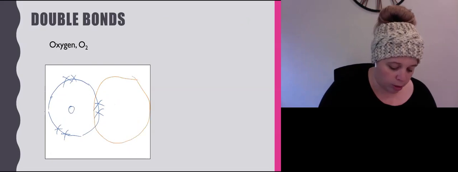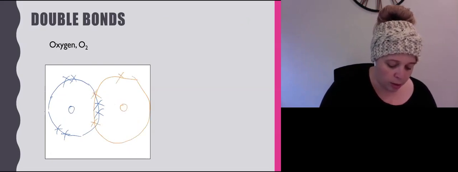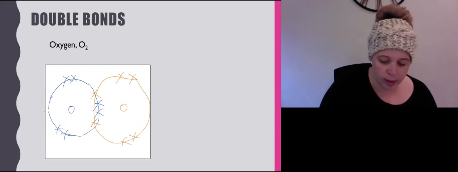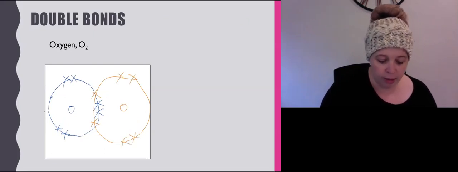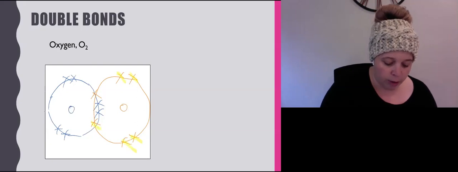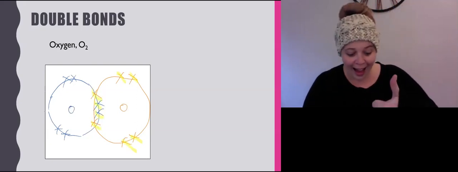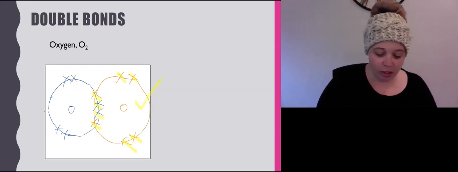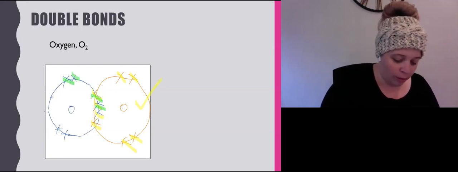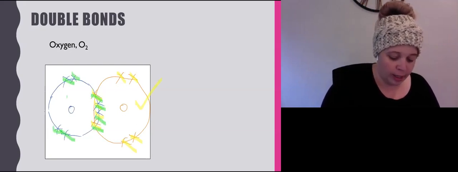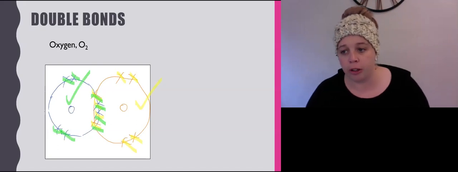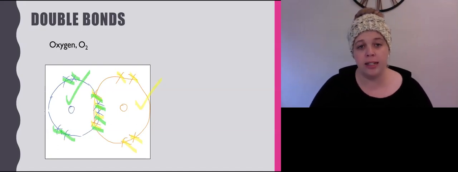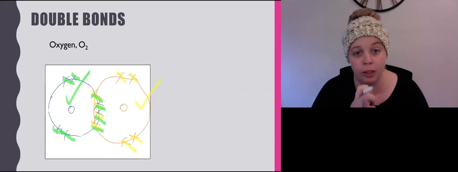So we do our other oxygen atom over here. It's got 1, 2, 3, 4, 5, 6. Let's check our octet. 1, 2, 3, 4, 5, 6, 7, 8. Yay! Check the other octet. 1, 2, 3, 4, 5, 6, 7, 8. Yay! So they've both got a full octet now, and they did that by sharing 2 electrons.